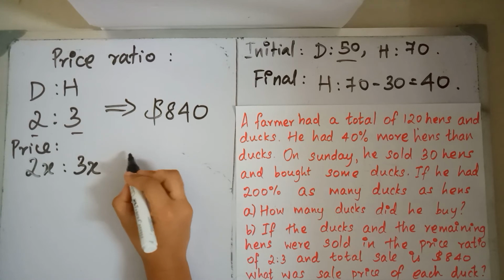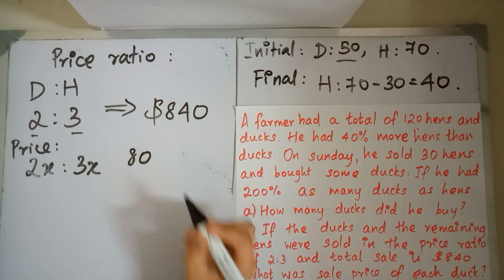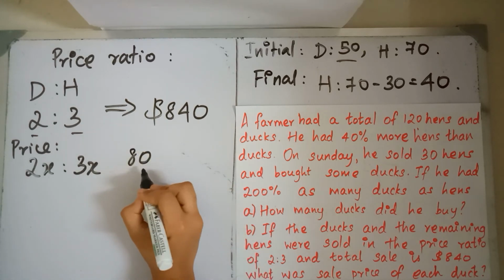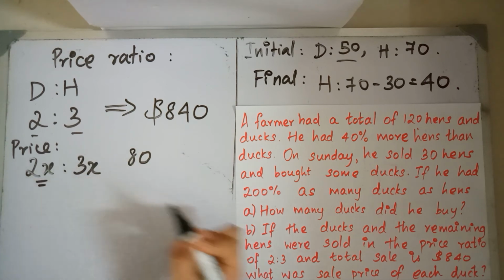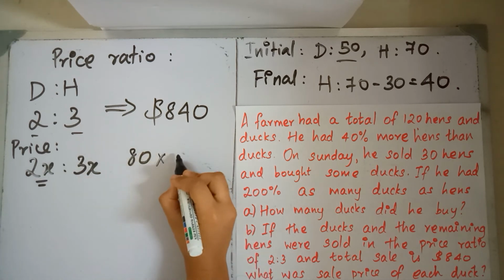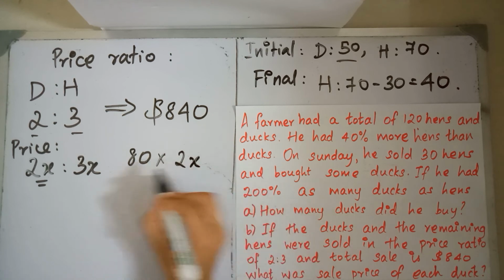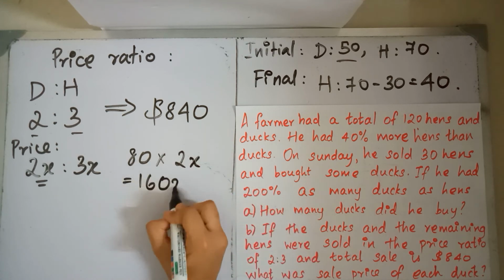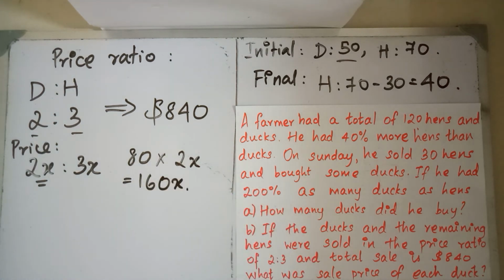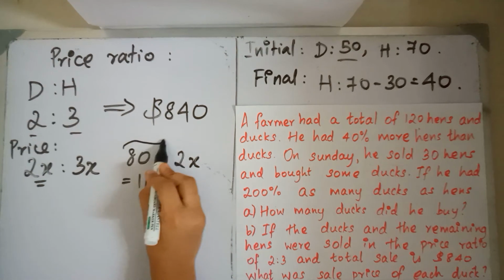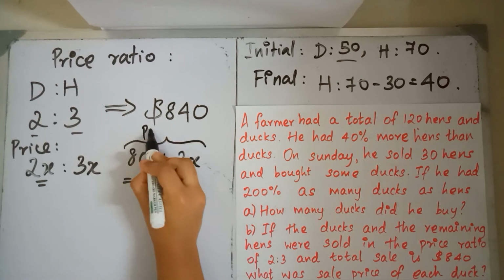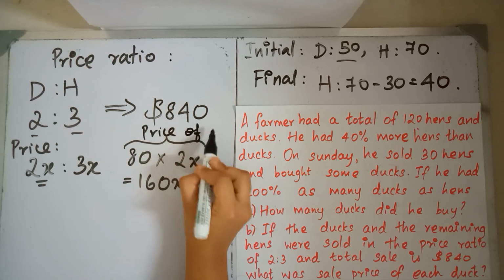Now, how many ducks do we have? We have 80 ducks. So 80 ducks into this price will give 160x.